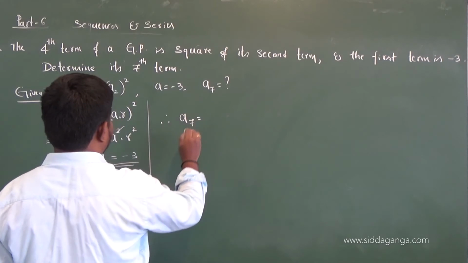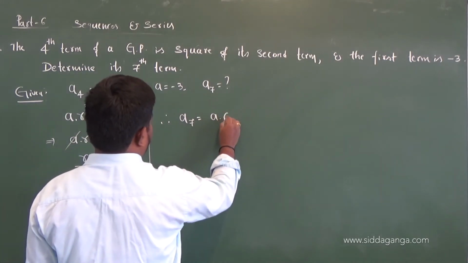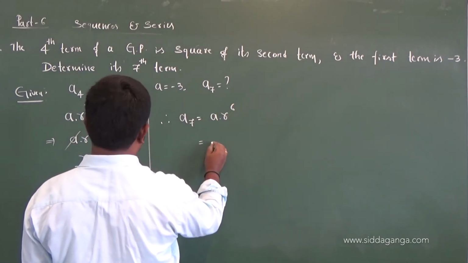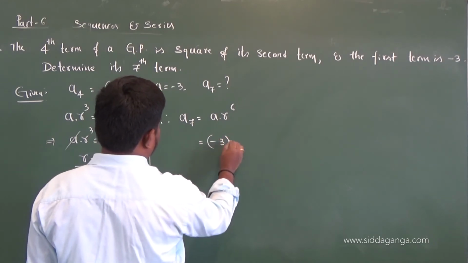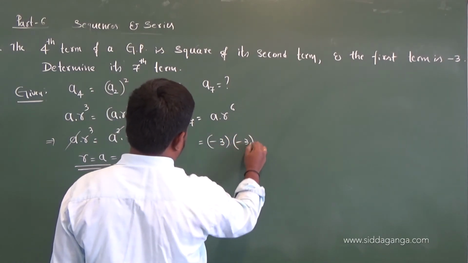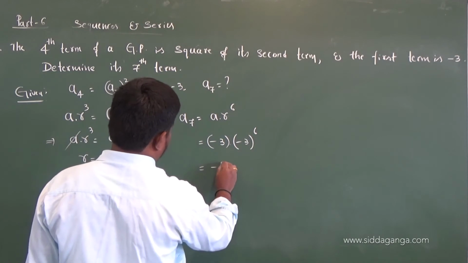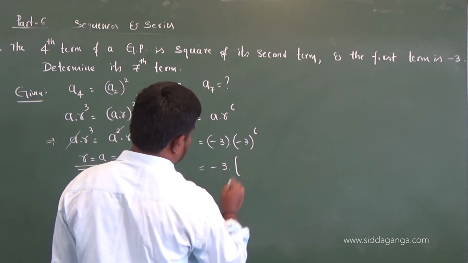So your seventh term, therefore, is A into R power of 6. That is, A is minus 3, R is minus 3, whole power of 6. So minus 3 into 3 power of 6.